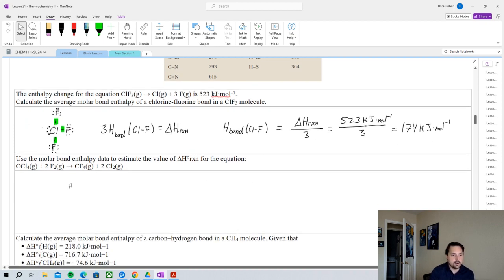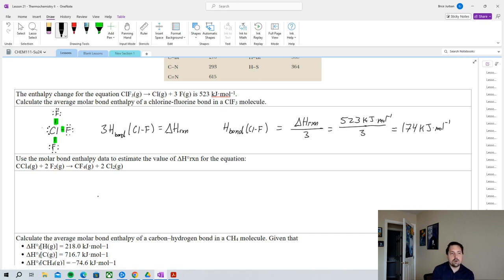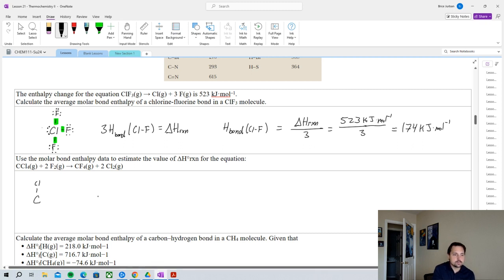Okay, how about this next problem where I want to estimate the change in enthalpy for the formation of carbon tetrafluoride and chlorine from carbon tetrachloride and fluorine. This is going to require the breaking of a lot of bonds and the formation of a lot of bonds. So let's draw out these molecules. That's our first molecule, then fluorine.